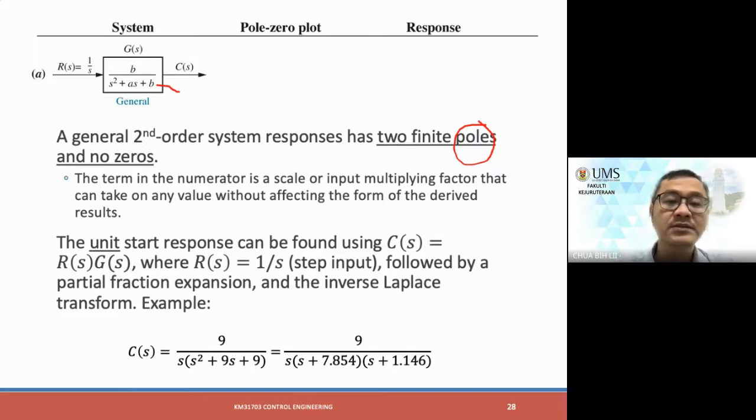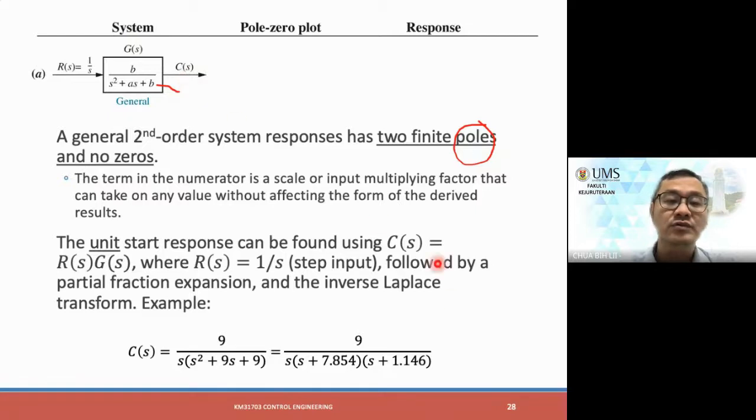The term, as we have defined previously, is the scale or multiplying factor. Then the unit step response can be found using, as you can expect, R multiplied by G gives you the C value. The input multiplied by the transfer function gives you the output.